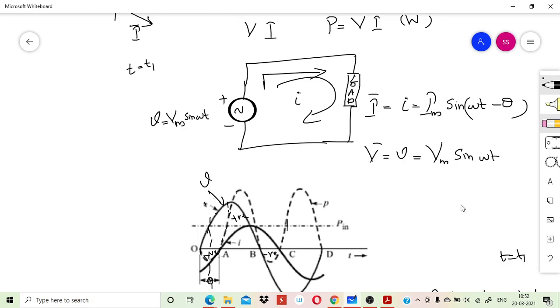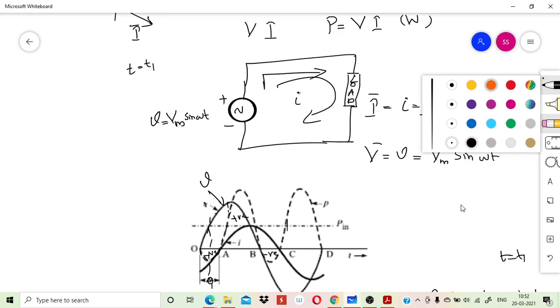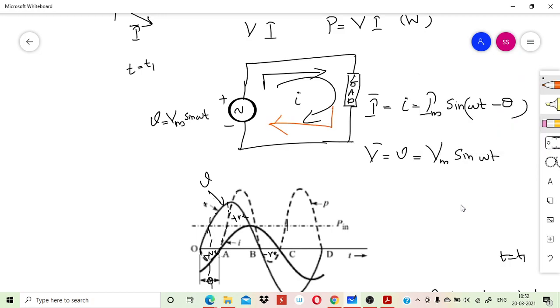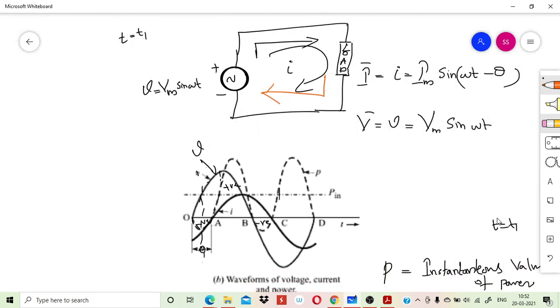Negative power means the power is flowing from the load back to the source. So for a considerable duration the power is flowing from source to load, and for a small duration of time the power is flowing from load back to source.